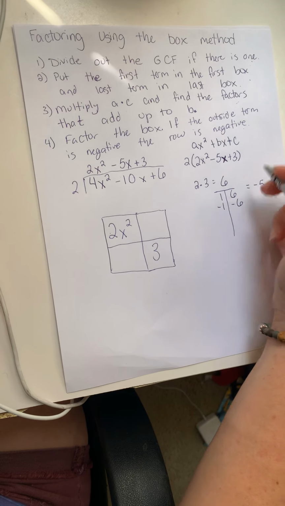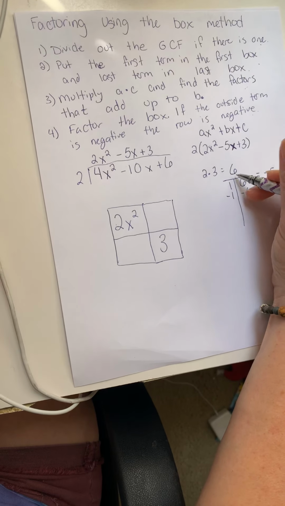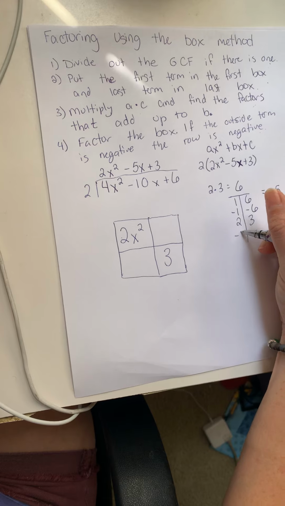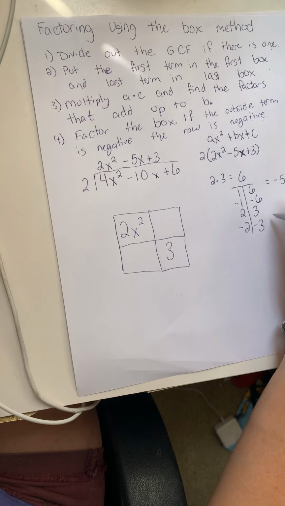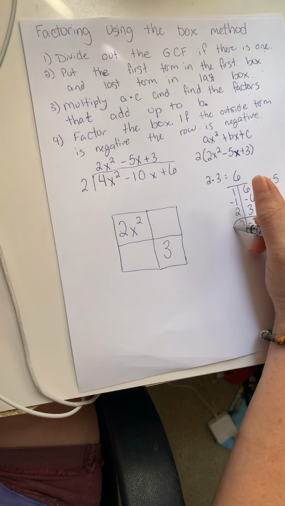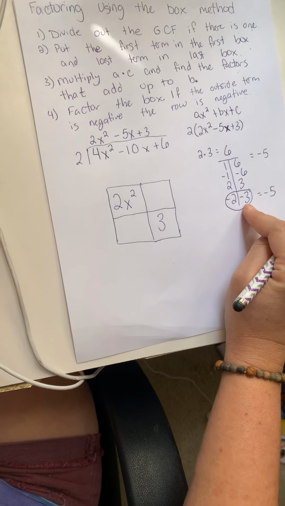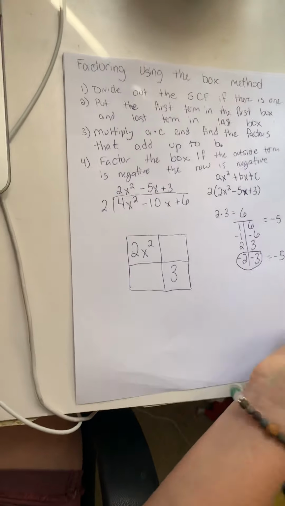But that doesn't add up to negative 5. That's negative 7. All right, and then we have 2 times 3, negative 2 times negative 3. And negative 2 plus negative 3 equals negative 5. So these are the ones we're looking for.